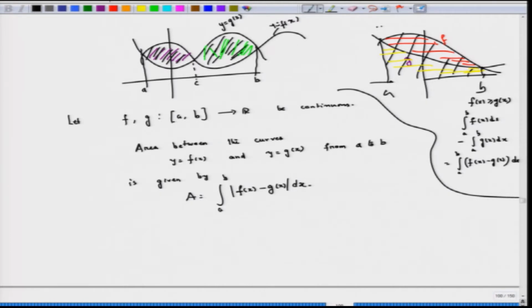Now, from c to b, mod of f minus g is equal to g of x minus f of x, since g is bigger there.